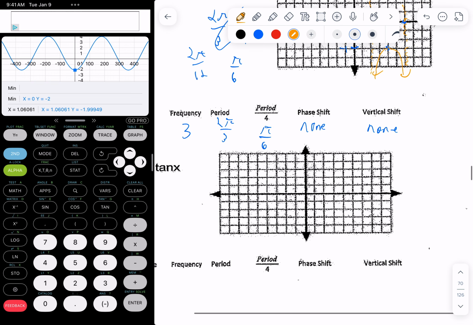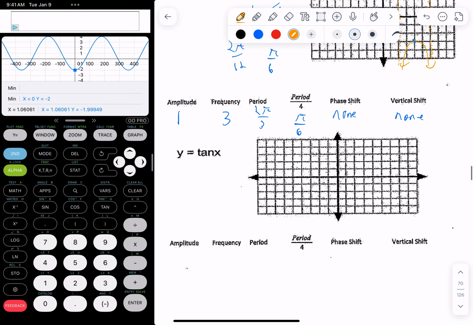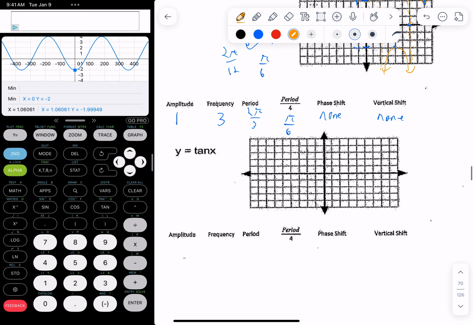All right, now tangent x. Okay, amplitude is 1. Frequency, also 1. Period is pi over b, which is just pi, because for tan, the period is just pi over b.